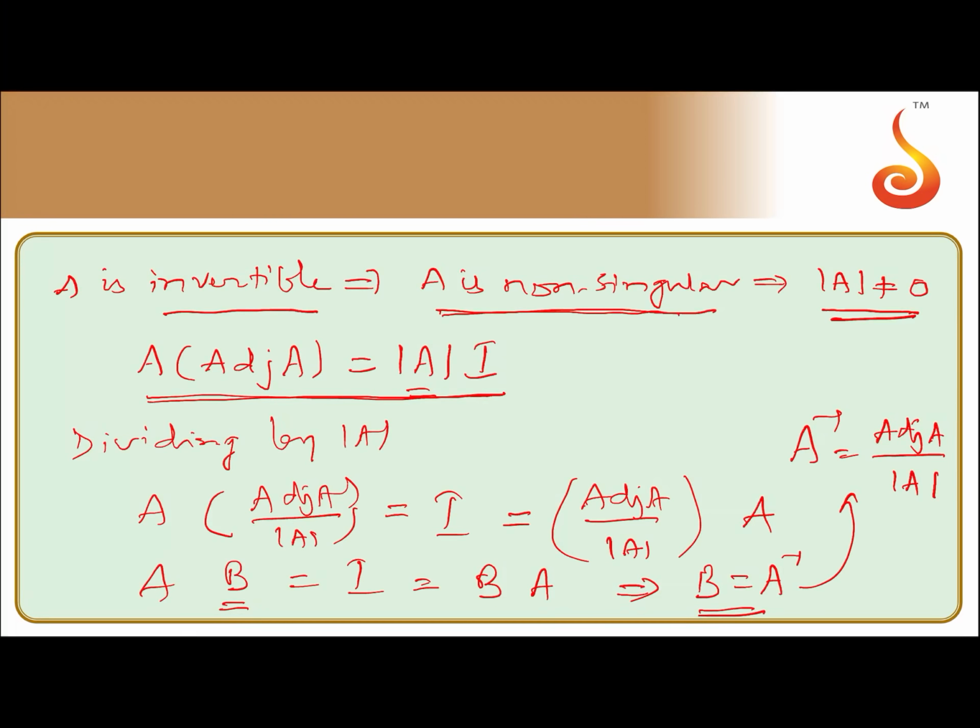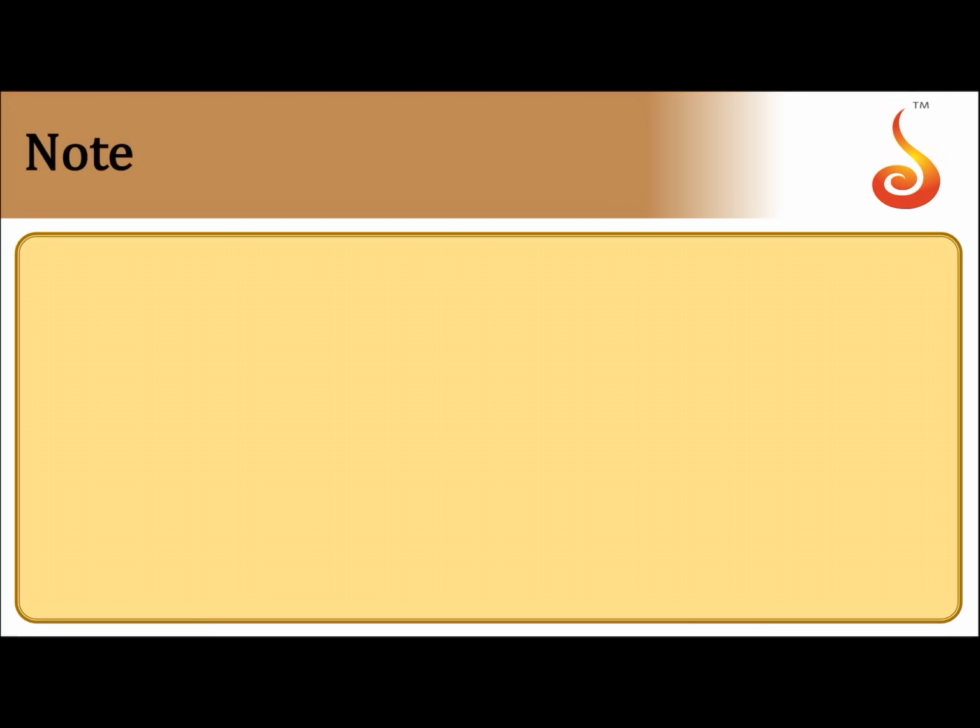So A inverse equals adjoint A by det A, where det A is not equal to 0.